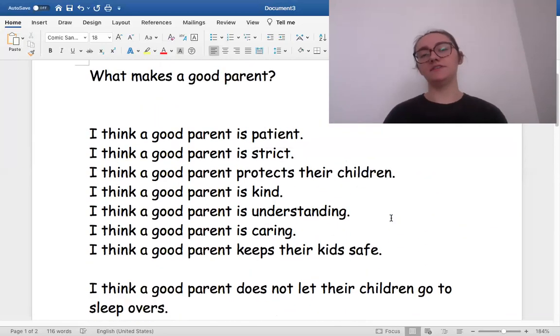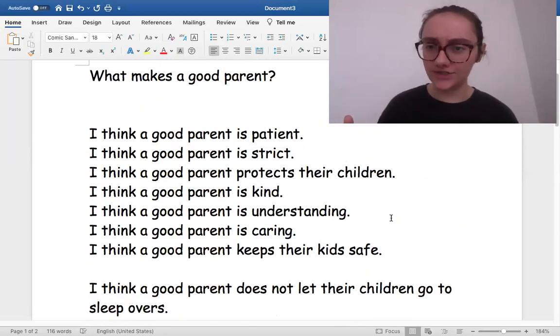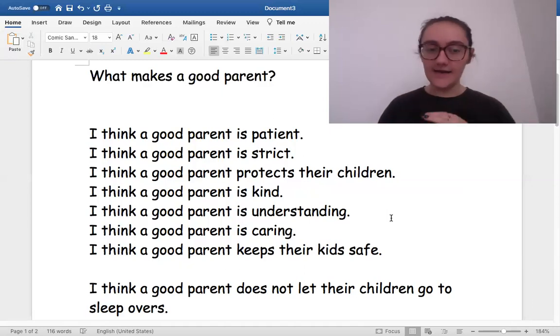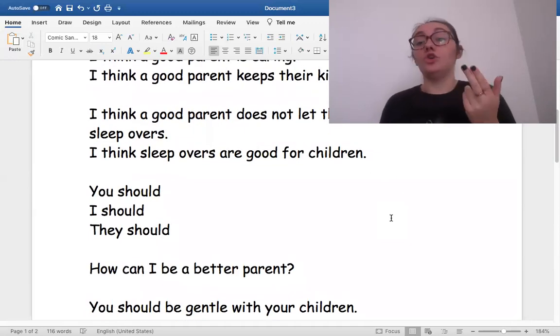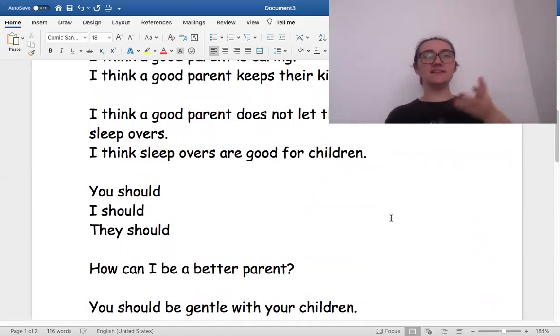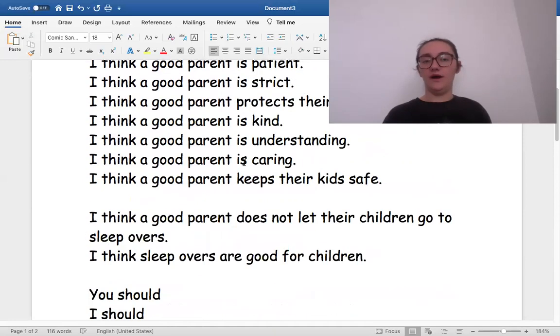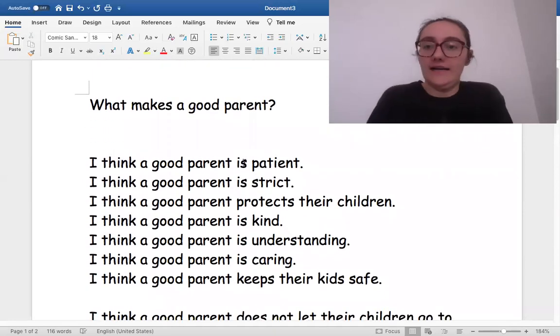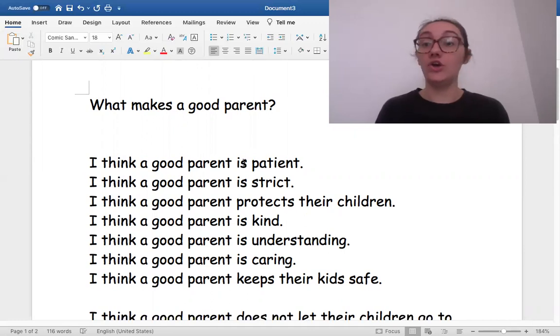So a lot of times in English, when someone asks you a question for your opinion, you can say, I think, right? Or you can say, oh, you should, they should, right? And you can say this with anything. So I'm asking you about what makes a good parent, but I could ask this about anything. What makes a good leader? What makes a good cook? What makes a good person?